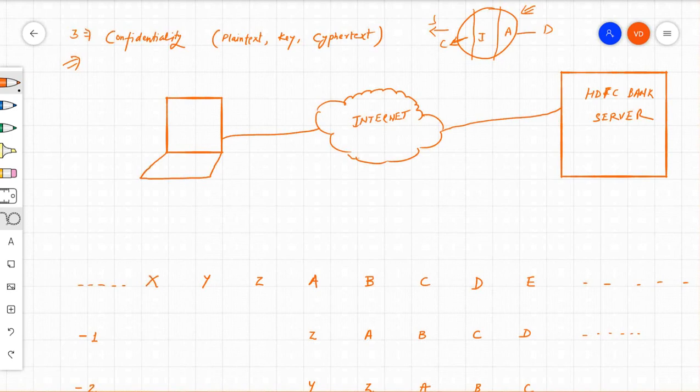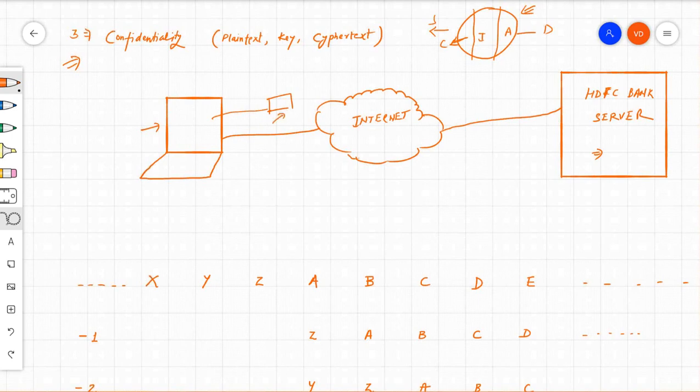So suppose this is my laptop and I'm connected to the internet, and I want to do a transaction with the bank, and here is the bank server. The problem is, if I send any packet over the internet, the threat is that an intruder or a hacker can just see these packets.